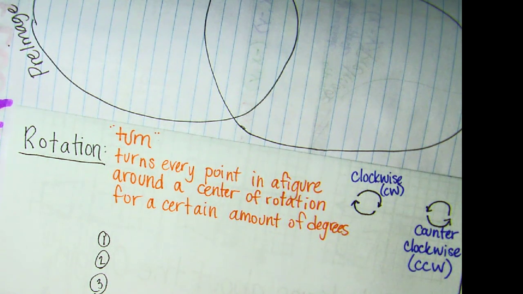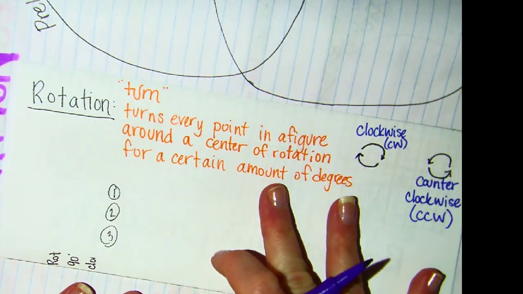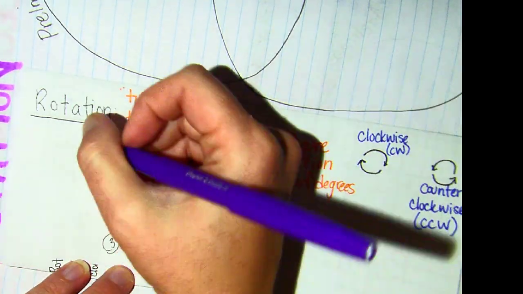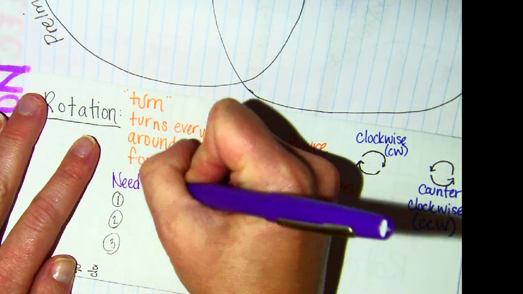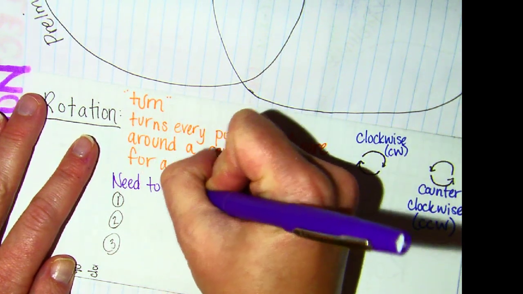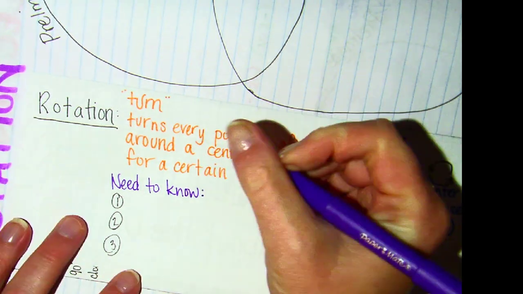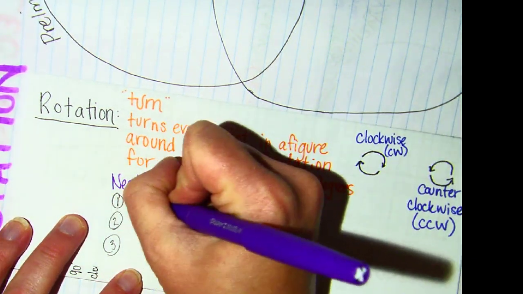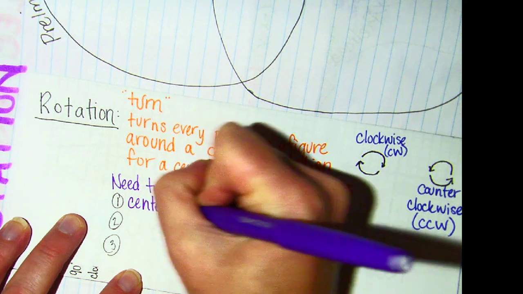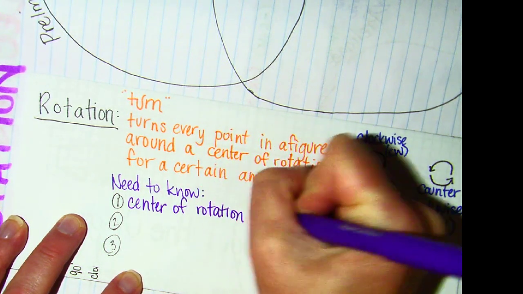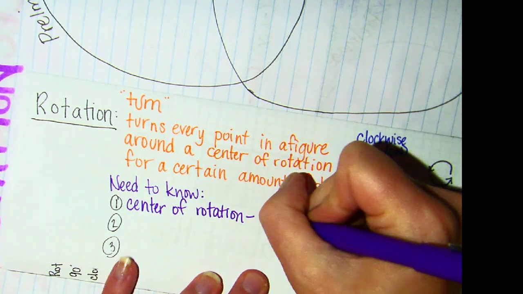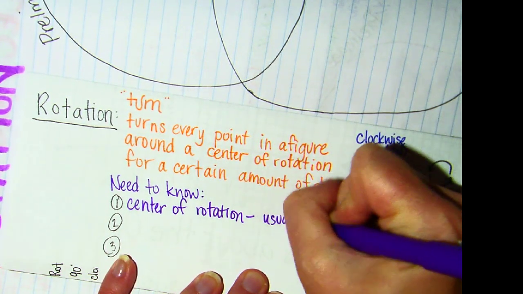So there's a handful of things that we need to know, some information that we've got to have in order to execute a rotation. So info you need to know to be able to rotate. You need to know the center of rotation. And for our purposes this year, that will usually be the origin for us.